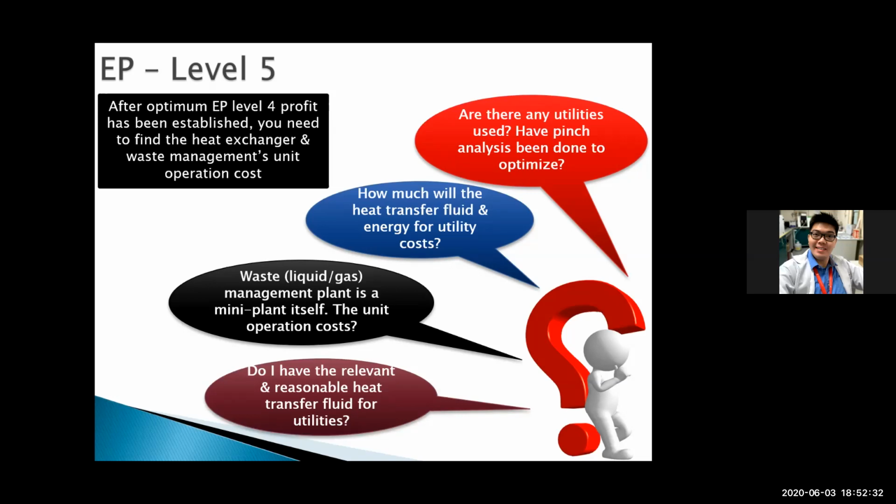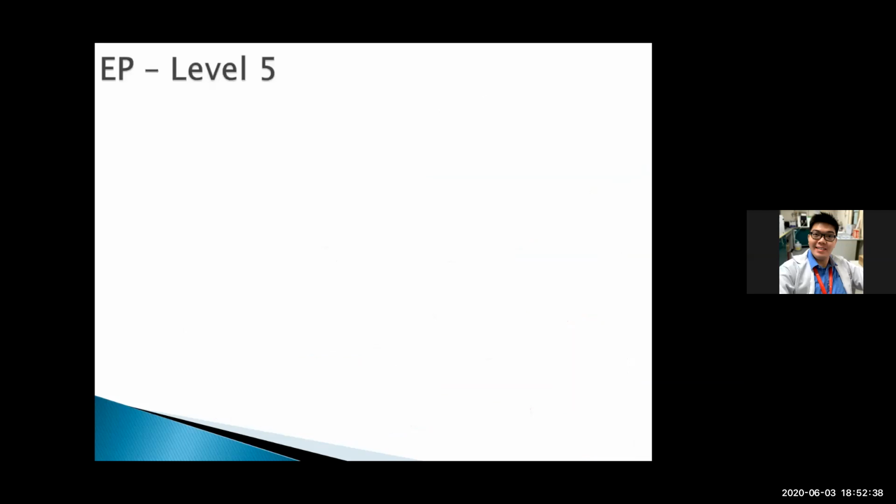And do you have a reasonable heat transfer fluid for the overall processes? So the first part will be on the utility in EP level 5. These diagrams show the optimum pinch analysis.